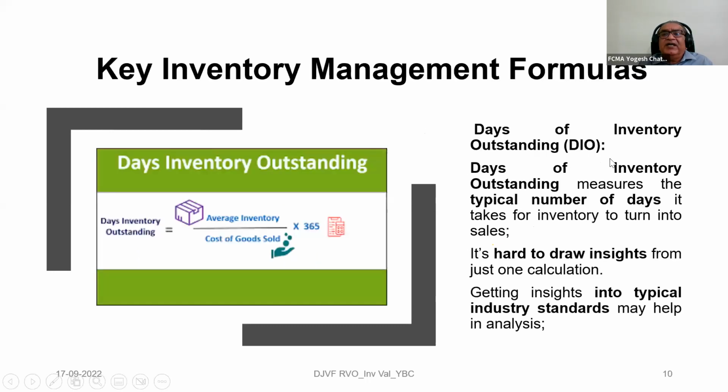Now, days of inventory outstanding. That is also another measure. Days of inventory outstanding measures the typical number of days it takes for inventory to turn into sales. It is hard to draw insight from just one calculation, so getting insight into typical industry standard may help in the analysis.